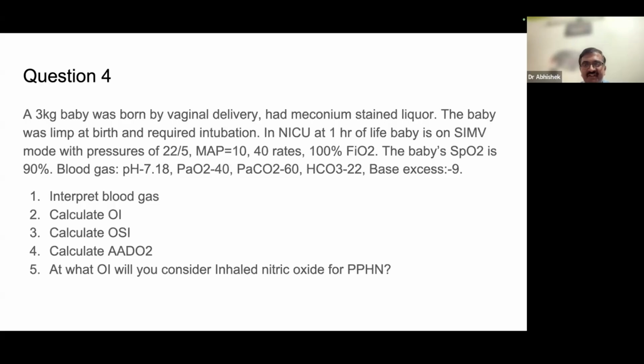Is it respiratory acidosis? What about the metabolic component? Somebody says it's mixed. Is it mixed respiratory acidosis and metabolic acidosis? Yes, it's mixed acidosis. You're right. So what should have been the expected bicarb here? It's uncompensated.